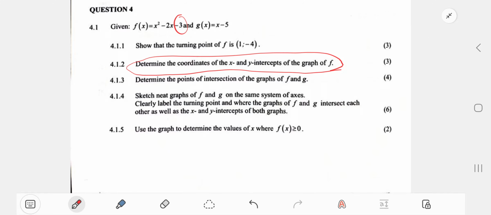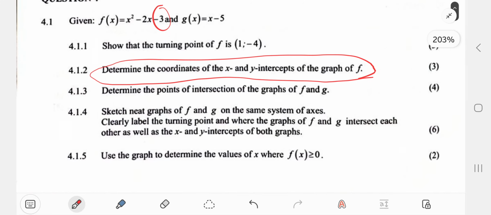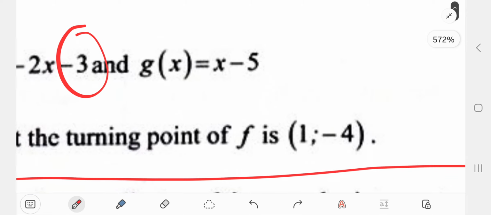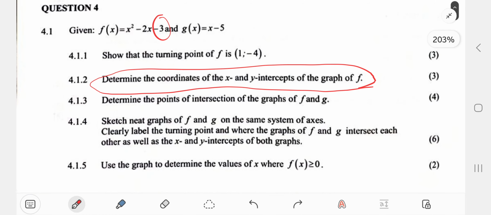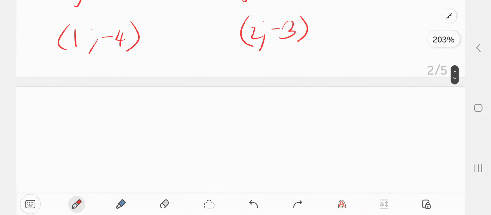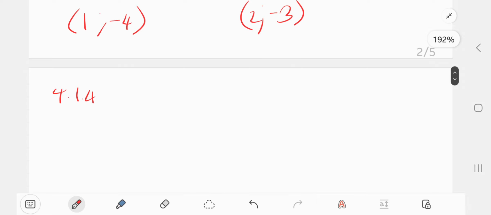And yeah, so we sorted out the x and y intercepts of f. And by having this formula already, we already have the y-intercept of this graph. And therefore, we can find the x-intercept and then sketch it, right? So in 4.1.4, let's just find the x-intercept of g of x, right?